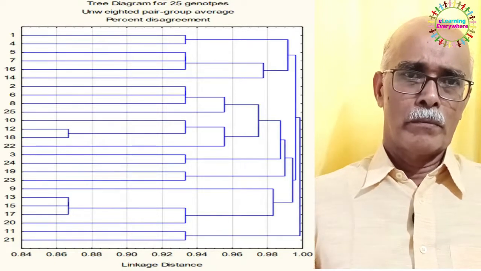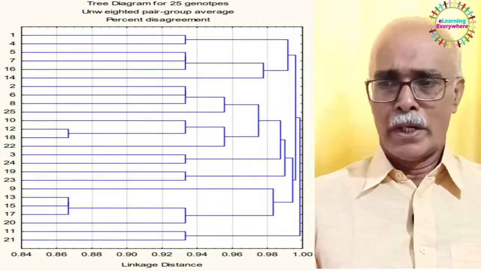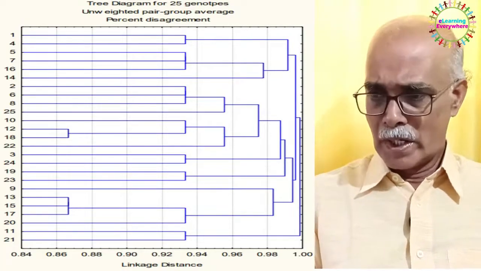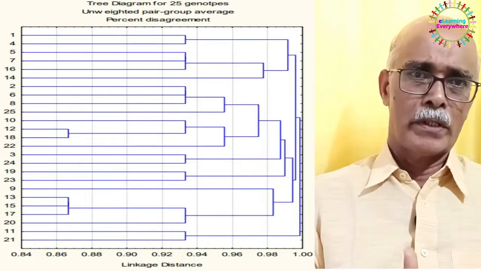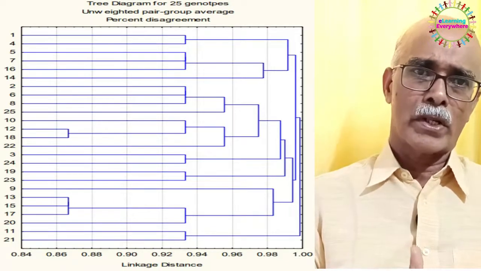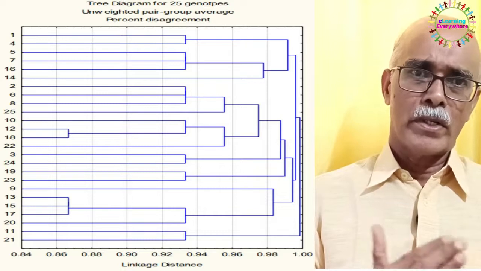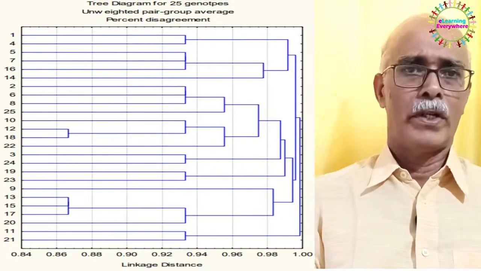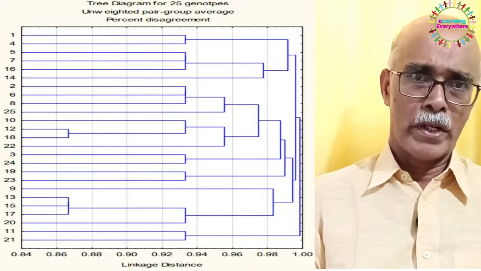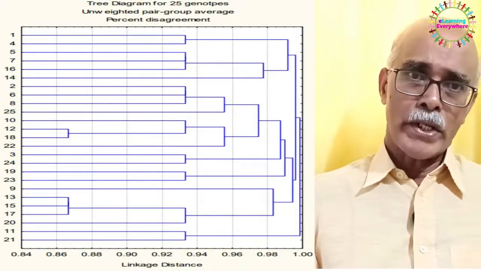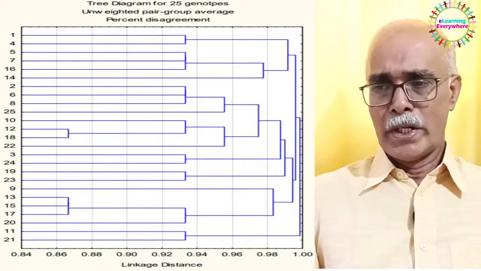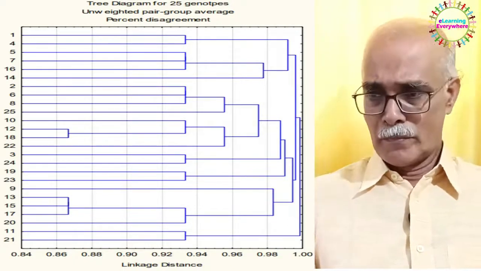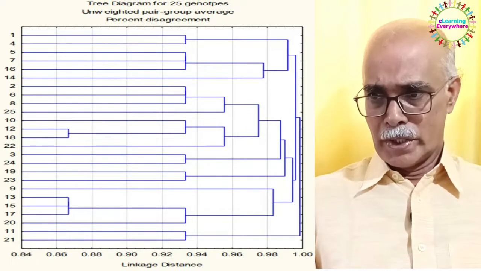got presented, and based at different linkage levels, the branches got divided into sub branches, and finally all the branches ended in leaves, and each leaf represented a genotype. Some genotypes were very close and some were very distant.